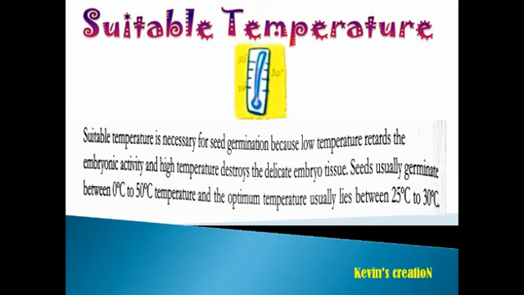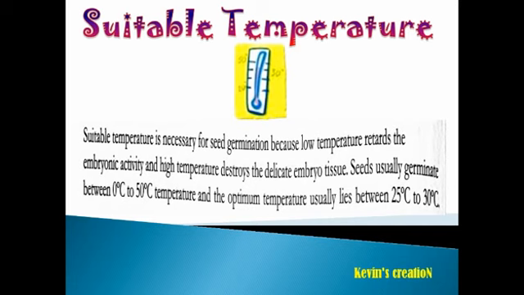Suitable temperature is necessary for seed germination because low temperature retards the embryonic activity. That means it stops the activities which take place in the embryo. In the same way, high temperature destroys the delicate embryo tissue.